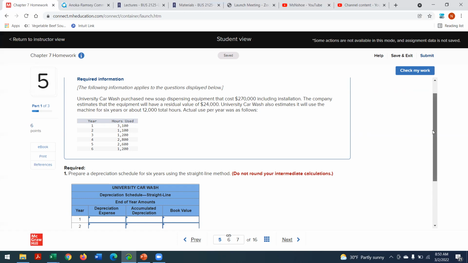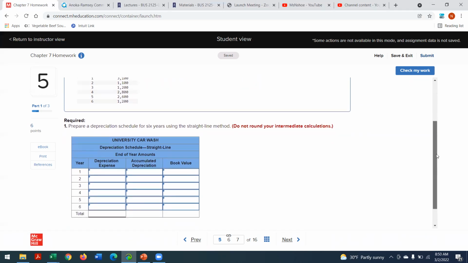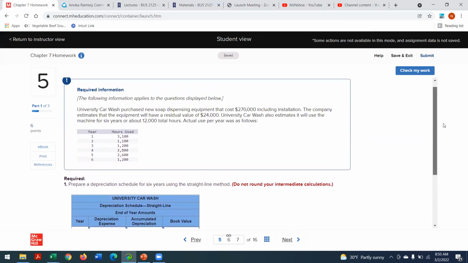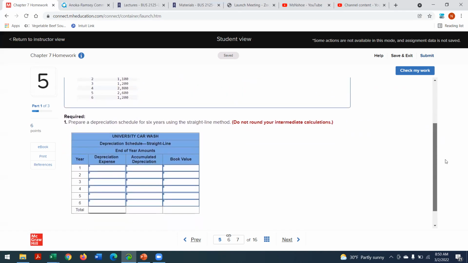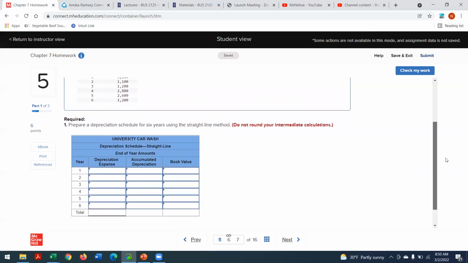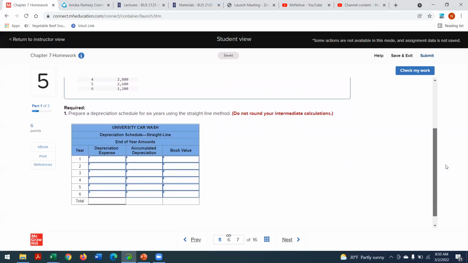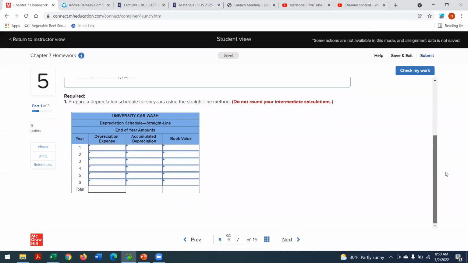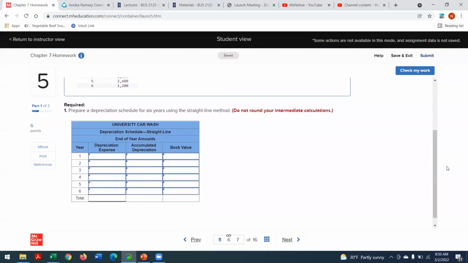So this is straight line. What I want you to do is figure out in years 1 through 6 the depreciation expense, the accumulated depreciation, and your book value. I'm going to give you a couple minutes here and I will be right back.